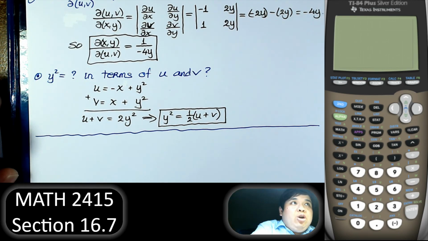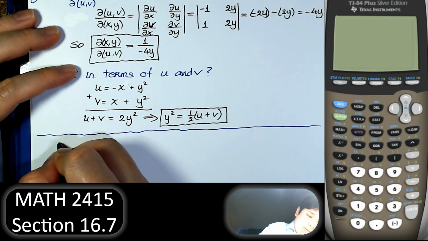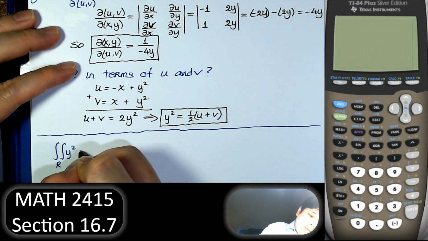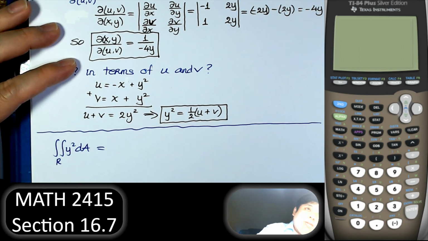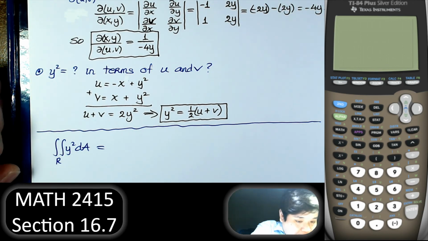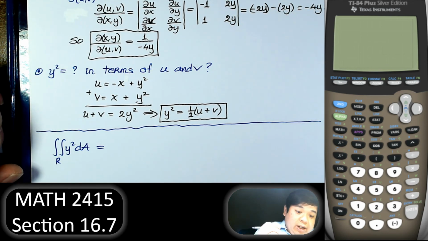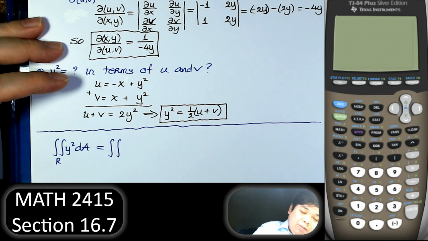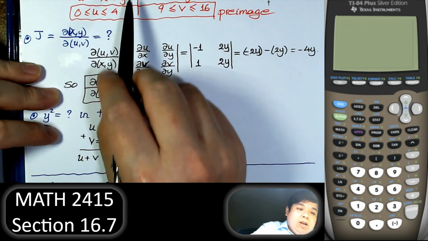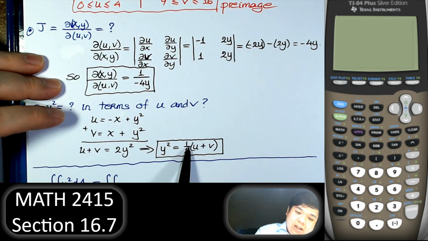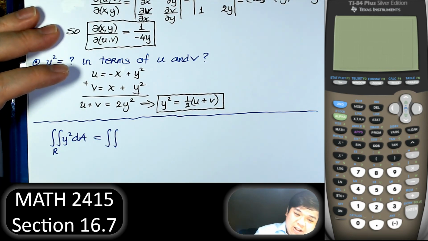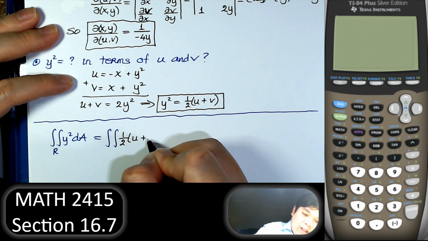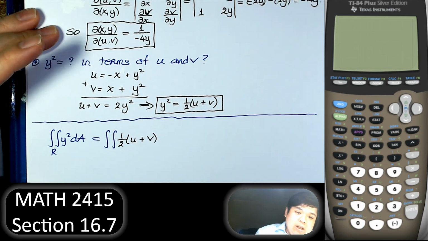Now the change of variable theorem. Right. It's not going to be pretty. The function y squared, that's nice, 1/2 (u plus v). Jacobian.